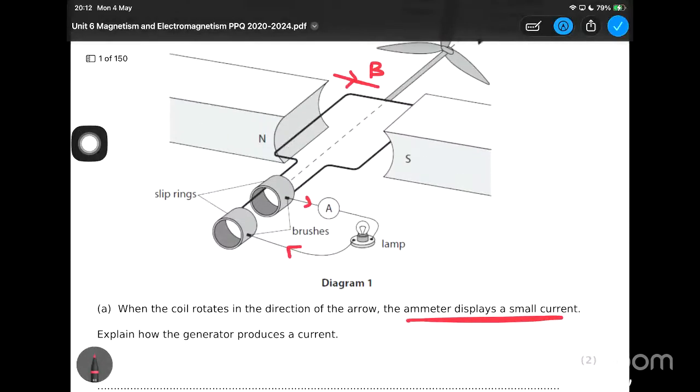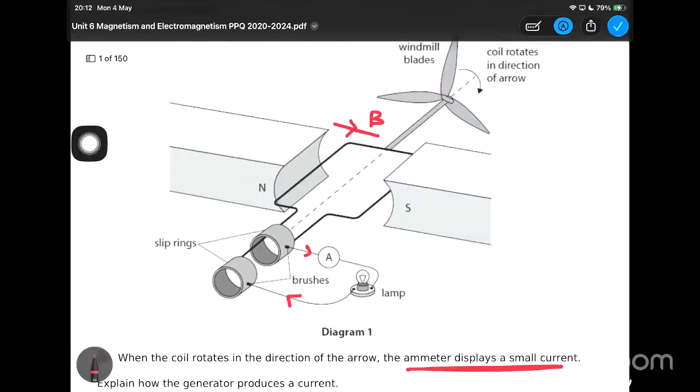So in order to generate a current, what is the main requirement? The main requirement is that the magnetic field lines must be cut by a conducting material, right? So here the wire, in this direction, when the mill or the blades rotate, what will happen?